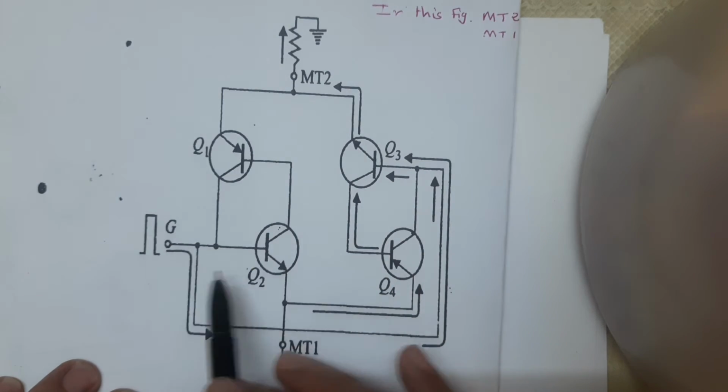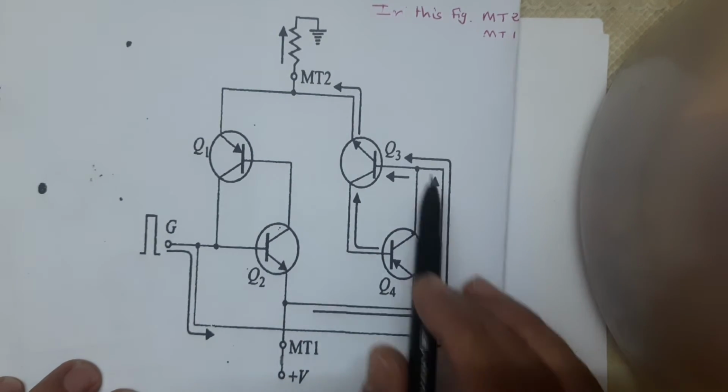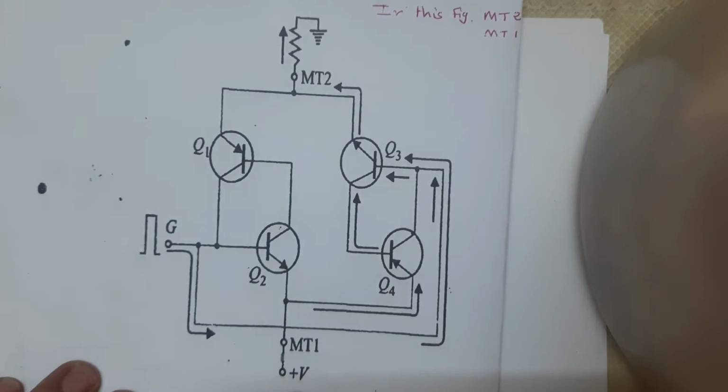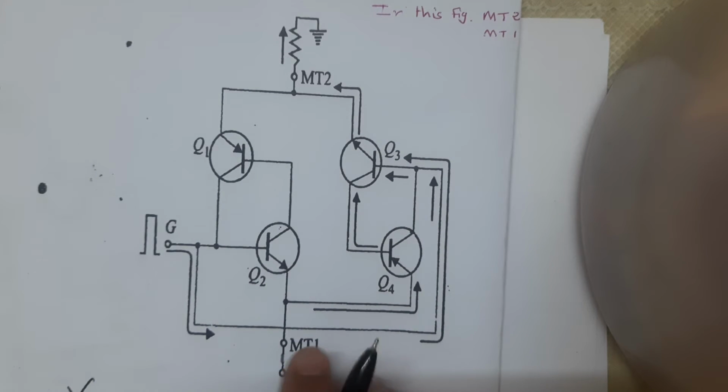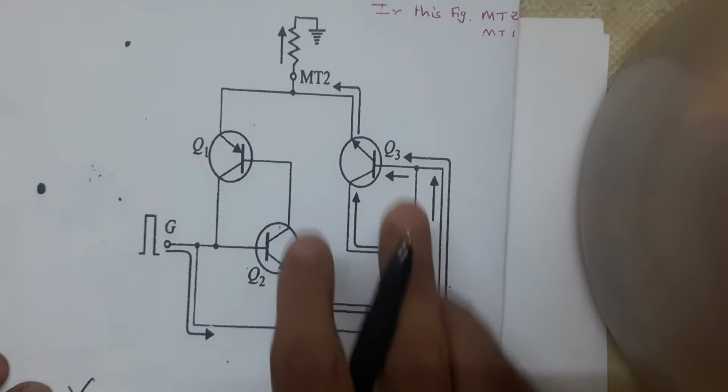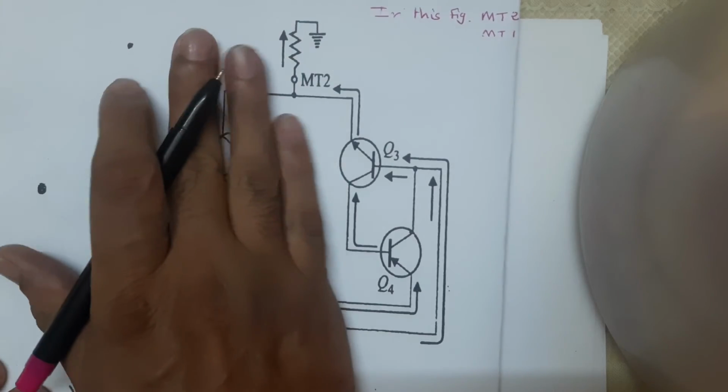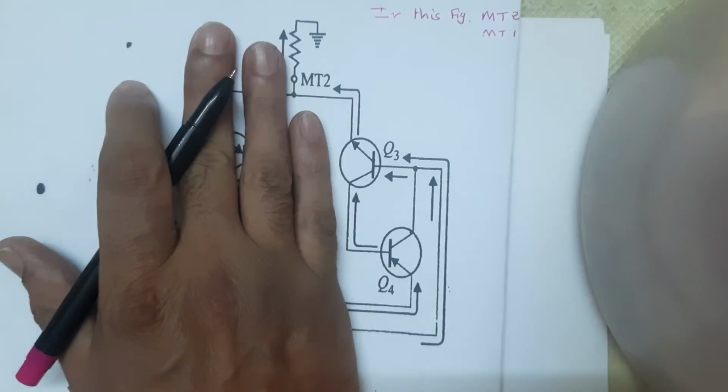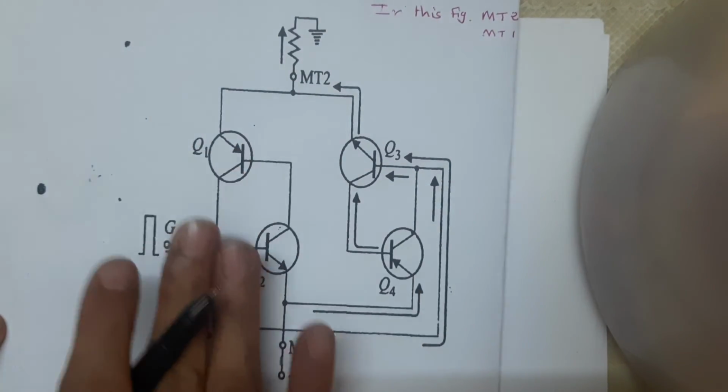This is switched off, and these two transistors are switched on. Now the working is like this. When MT2 is negative with respect to MT1 and appropriate gate current is applied in the gate circuit, SCR2 is turned on and SCR1 is off. So this part is turned on and this part is turned off.